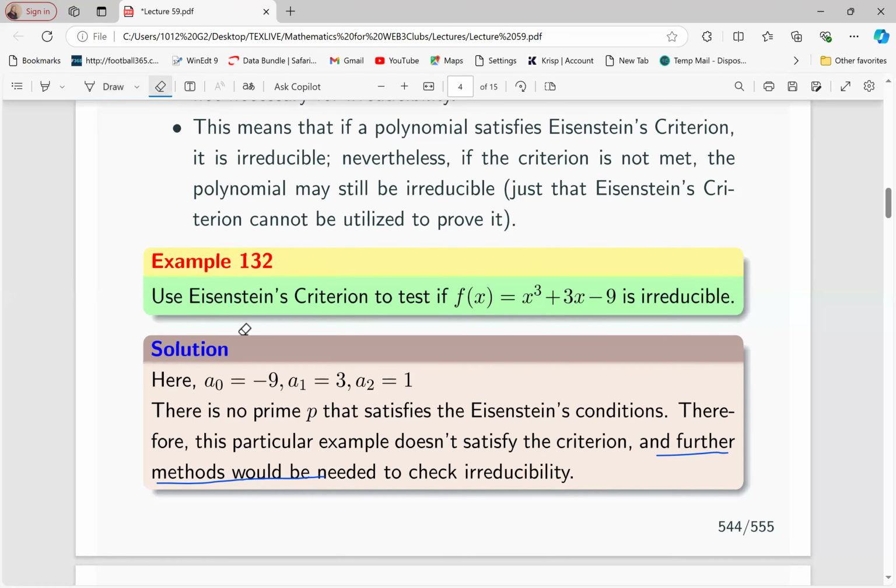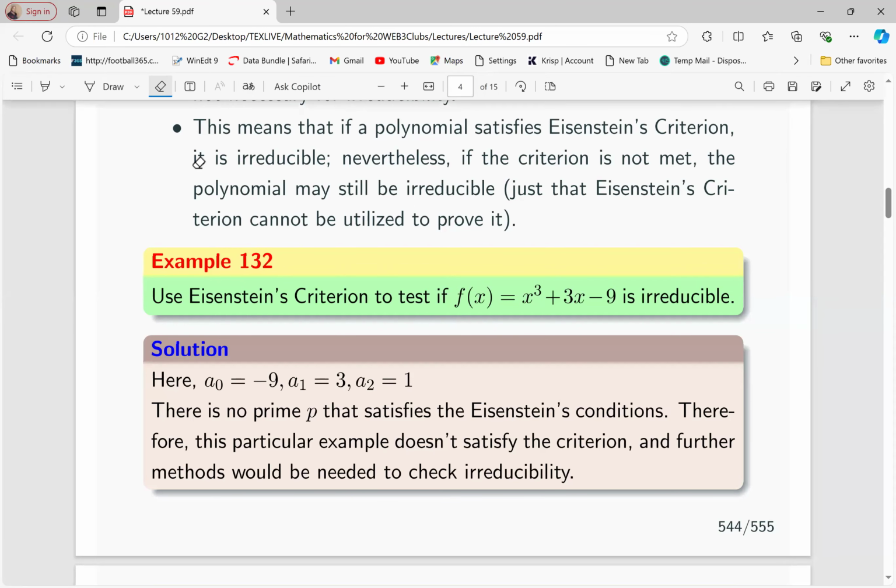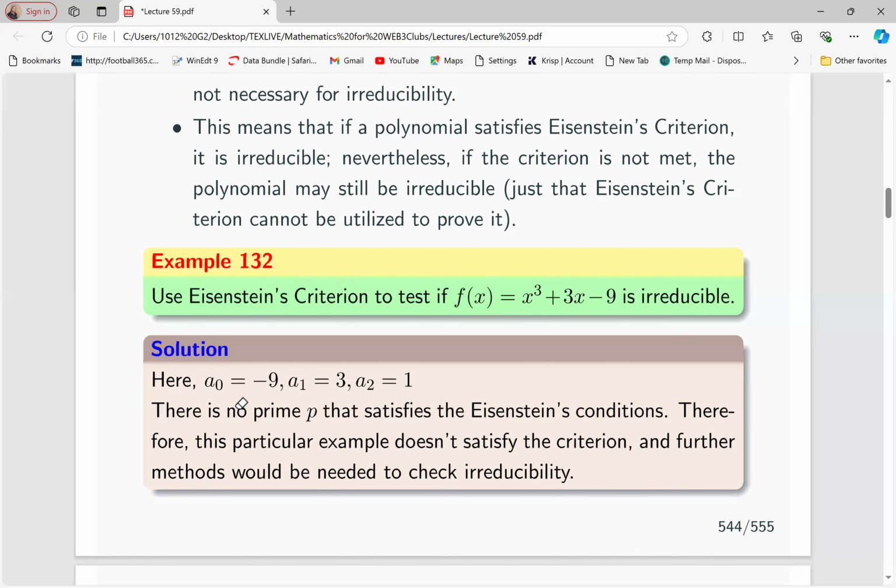But just finding that it does not meet this criterion is not reason enough to say that a polynomial is reducible. Although it has given us some hint that this polynomial could be reducible. So this is a hint. As we go to other methods, we already have a hint from this criterion.